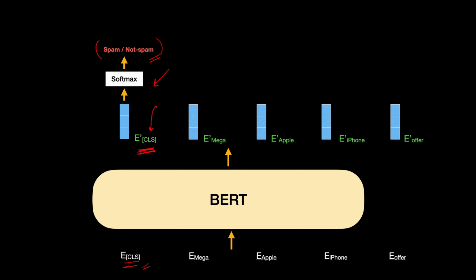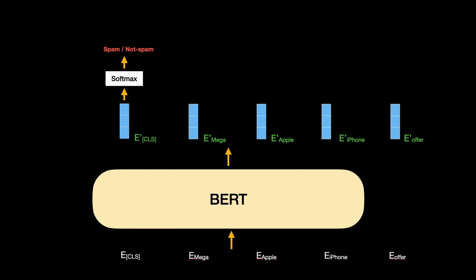Initially it is neutral, right? So how does it know which context is more relevant? We will talk about this later in this video when we are discussing the training of the model. We will train the model in such a way that we will force the model to store the summary-like representation in this CLS output. But I hope you are able to understand the role of CLS token and its use. Let's move forward with our discussion.